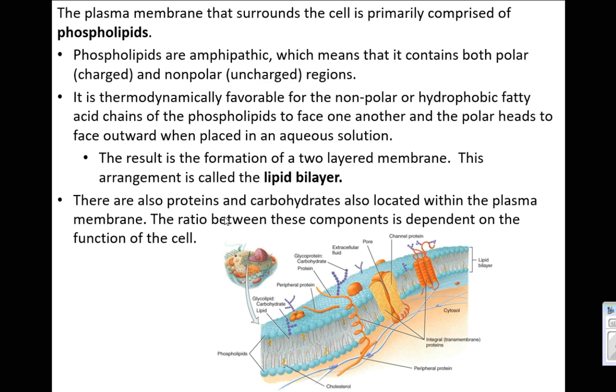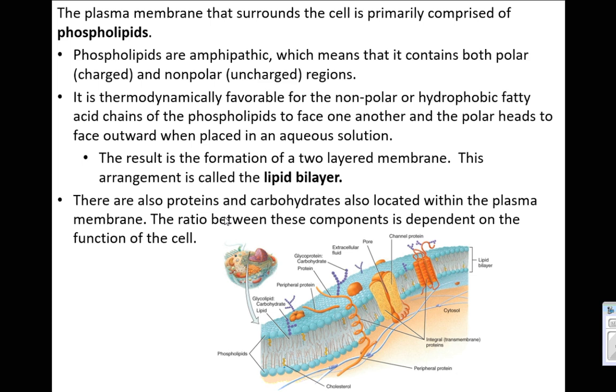The tails are just like most other fats in that they are nonpolar and therefore are water-fearing, or hydrophobic. We talked the other day that when you put phospholipids together in watery solutions, they're going to form a double layer, which we describe as the lipid bilayer.